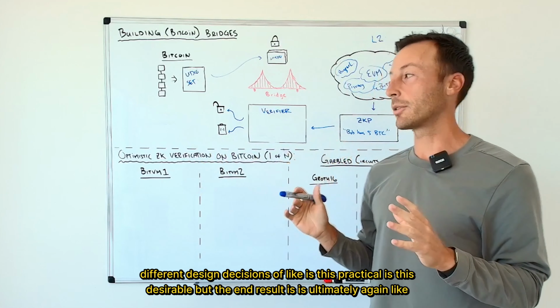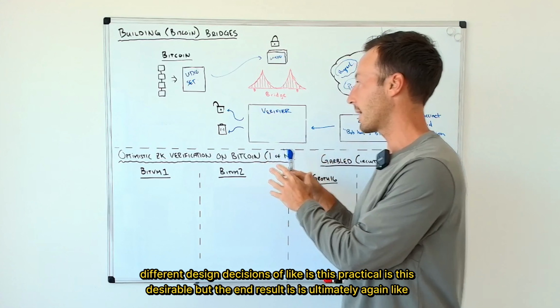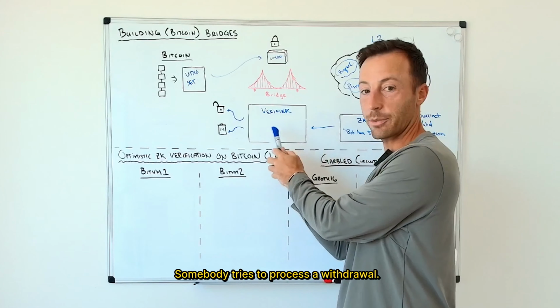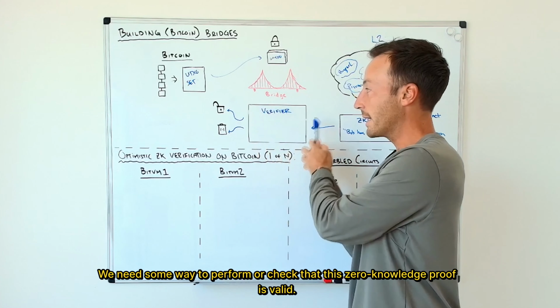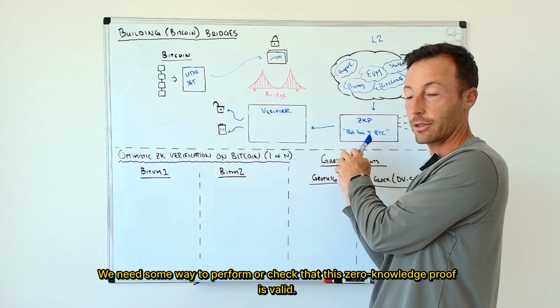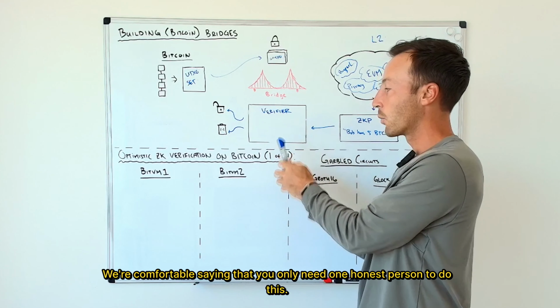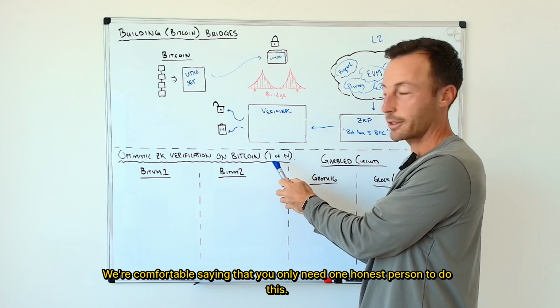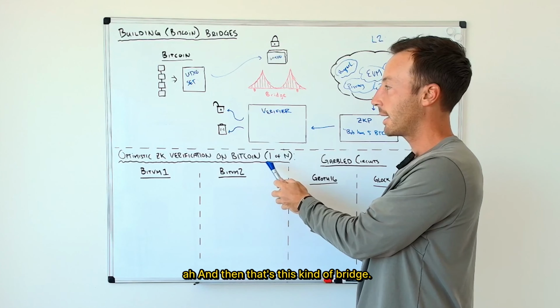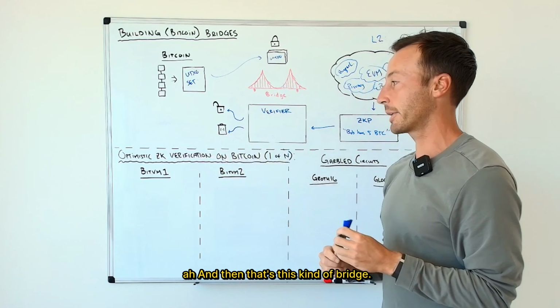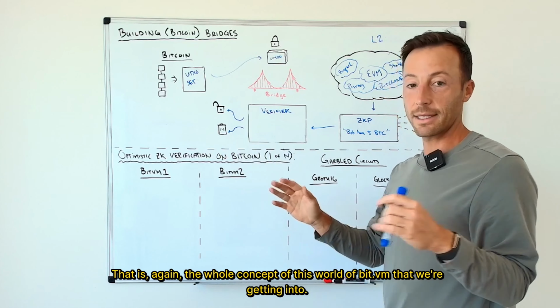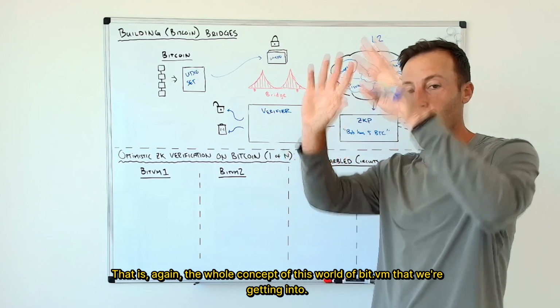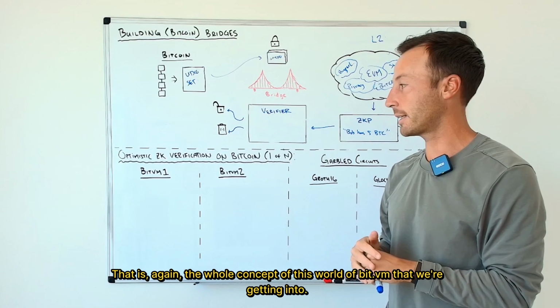But the end result is ultimately, again, somebody tries to process a withdrawal. We need some way to check that this zero knowledge proof is valid. We're comfortable saying that you only need one honest person to do this. And that's this kind of bridge. So that is, again, the whole concept of this world of BitVM that we're getting into.